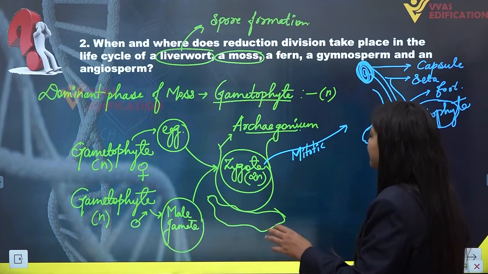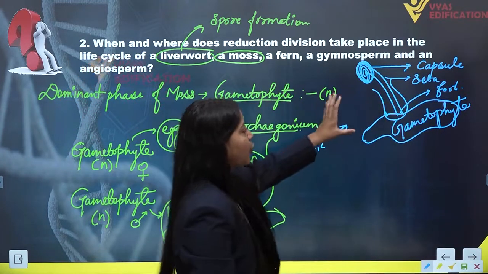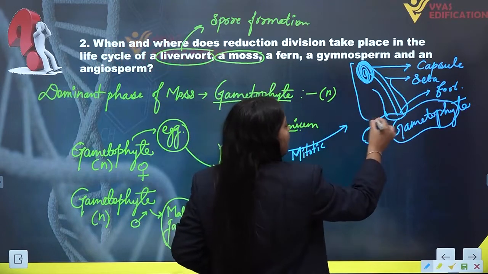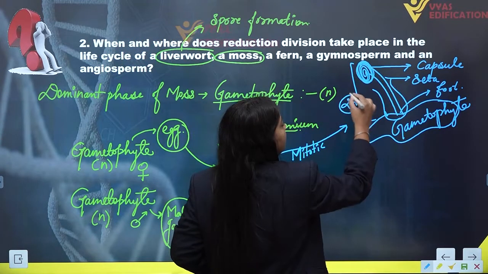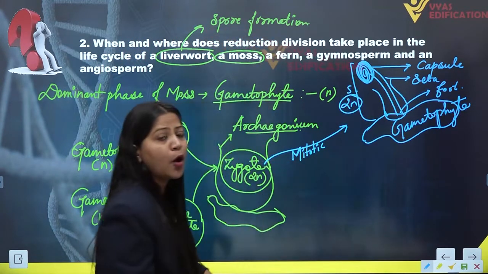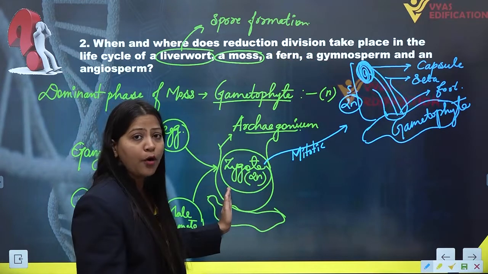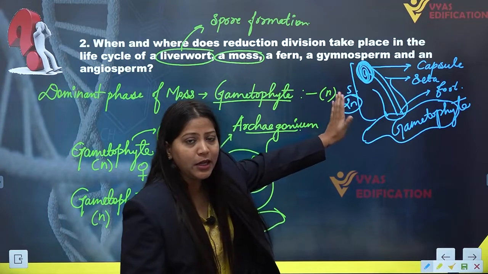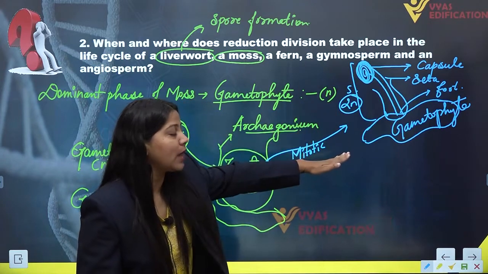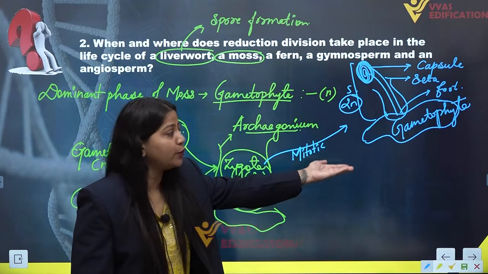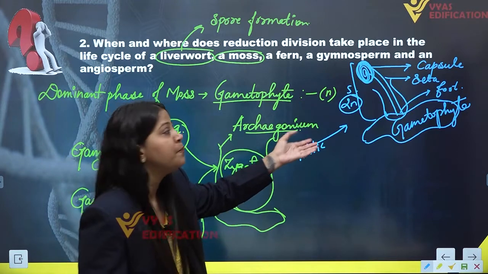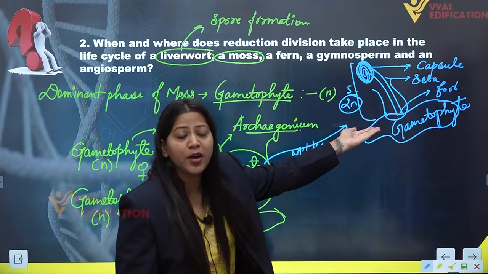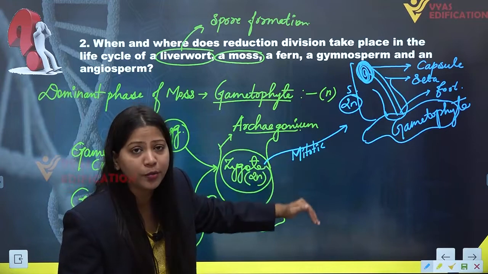This sporophyte is 2n, formed from the mitotic divisions of the zygote. Now this sporophytic plant body, which is dependent on the gametophyte and retained on the gametophytic plant body of a moss, will have sporangia inside which spores are going to be formed.